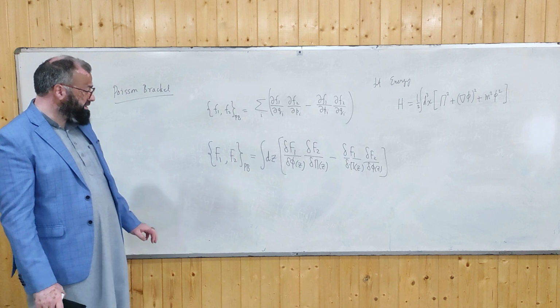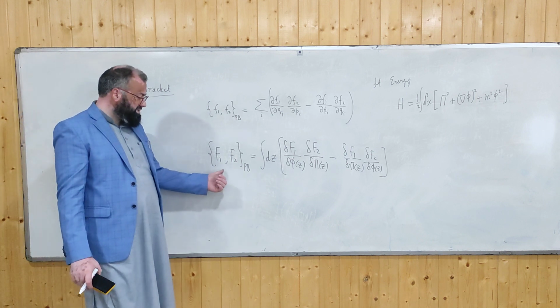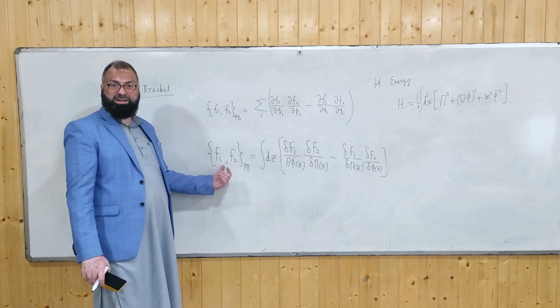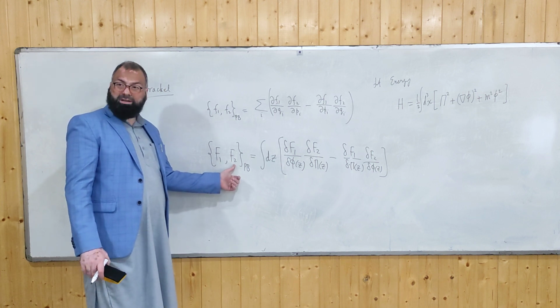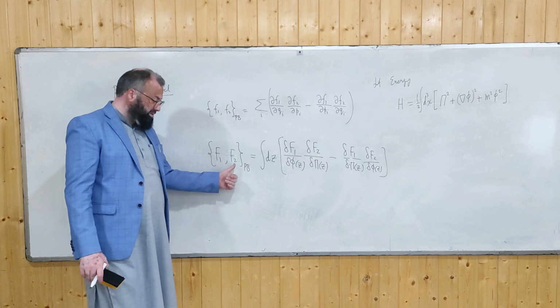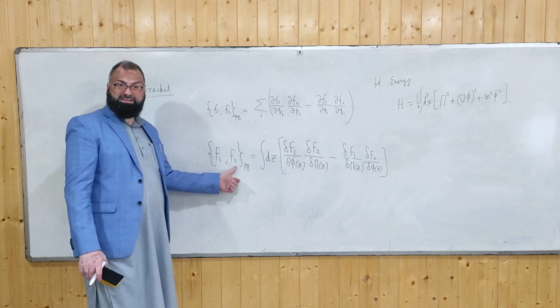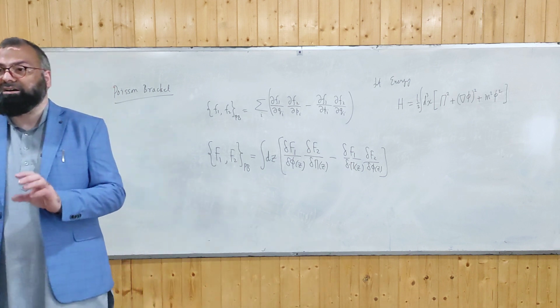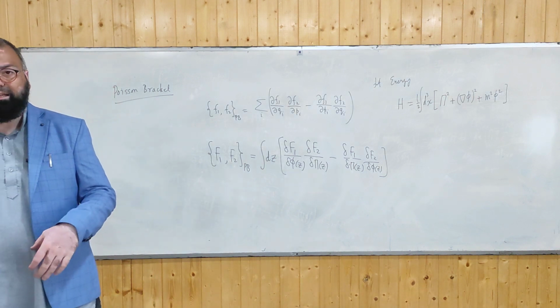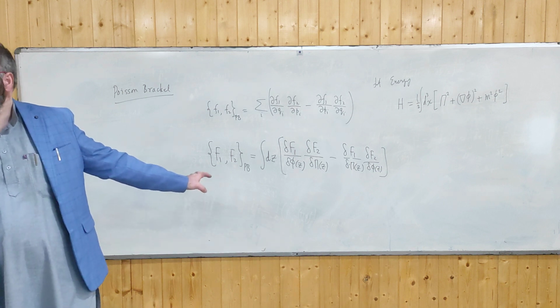Now one important point is that in defining this Poisson bracket, I have assumed the time argument of this function and the time argument of this function are the same. In other words, I have defined this Poisson bracket at equal times, not at unequal times. Clear? I have not considered time anywhere.